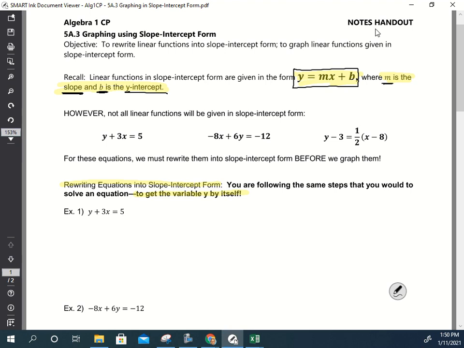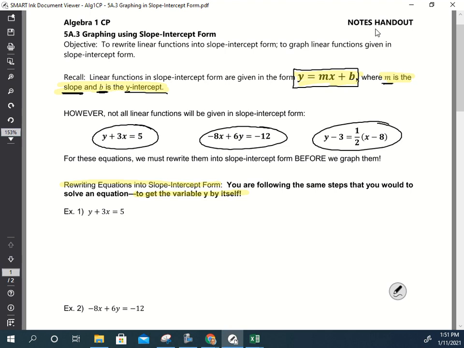So up until now, you've been given all of your equations already set up and ready to go. However, not every function has y by itself. So for example, that function doesn't have y by itself. That function doesn't have y by itself.